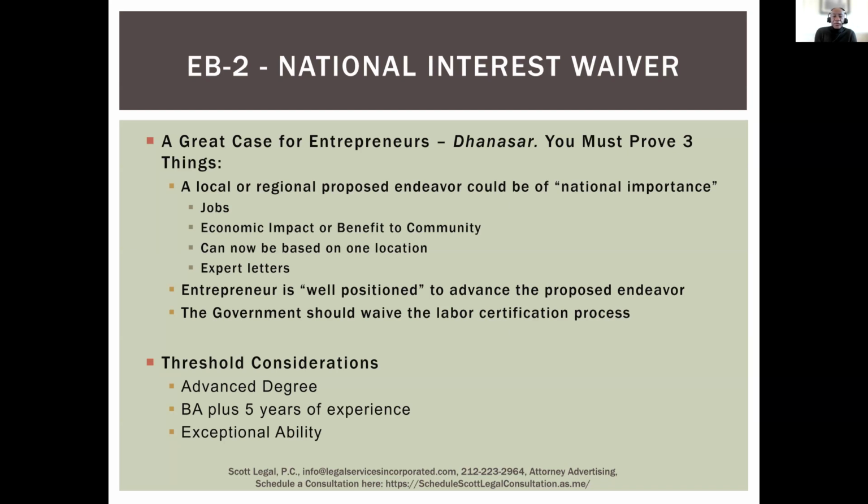And then the third prong is basically saying that the government should waive the job offer requirement, pointing to factors, sometimes in prong 1 and prong 2, but also to factors showing that maybe you have publications, and maybe some of the same factors we talked about in the EB1 context.